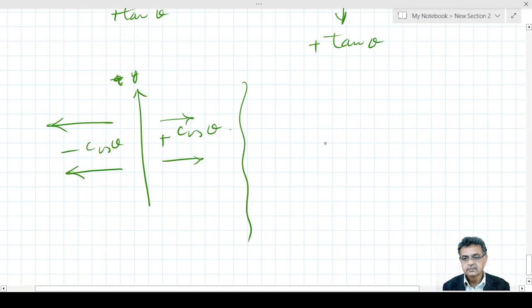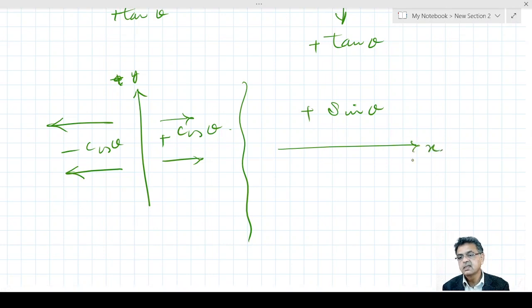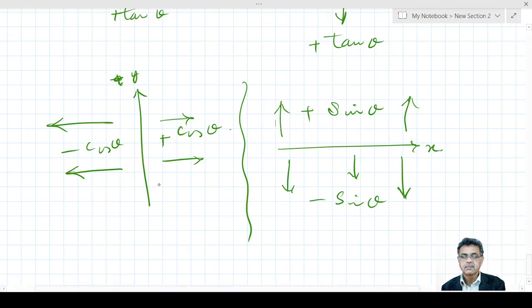Second, sine is positive above the x-axis and is negative below the x-axis. Below the x-axis, if you draw an arrow downwards, then sine is negative. If the arrows go upwards, sine is positive.